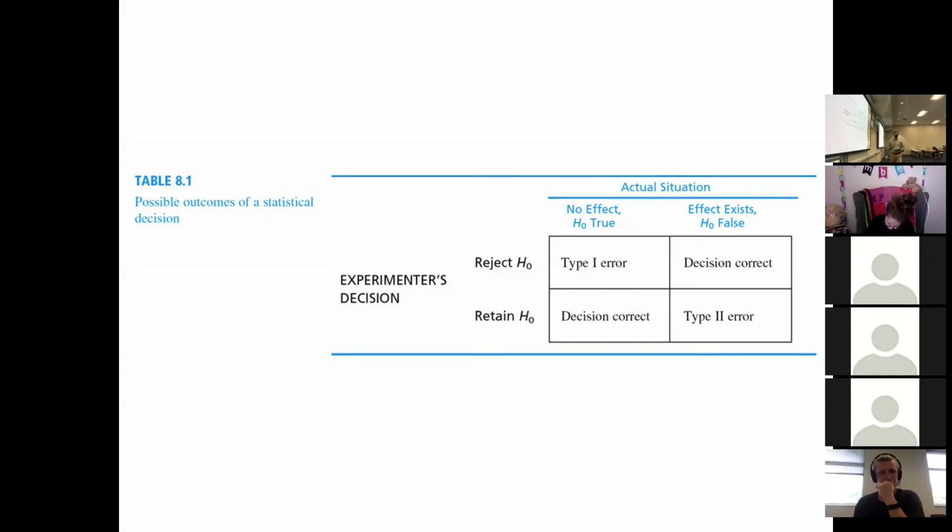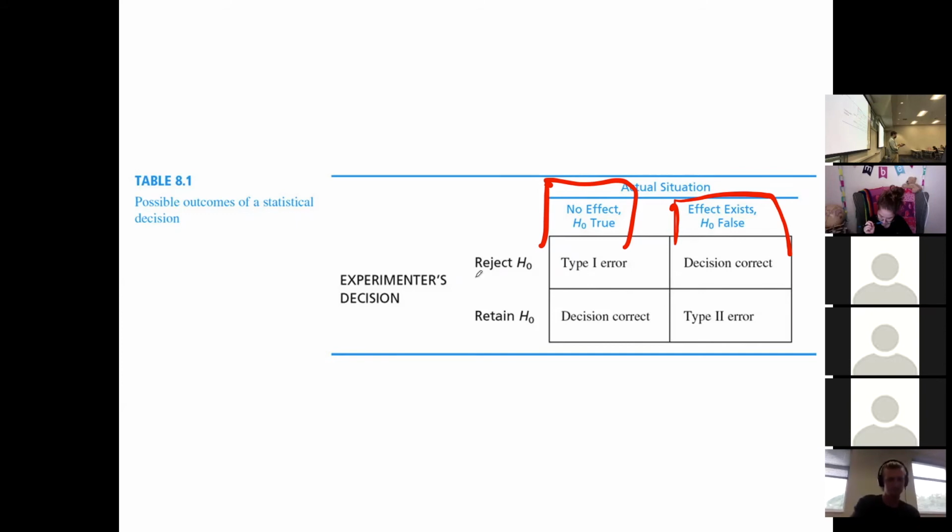And so we can break down this decision criterion into a 2x2 matrix, right? In one case, the actual real ground truth, whether we realize it or not, is that there's no effect, right? That the vaccine doesn't actually help. The other one would be that the ground truth is that the vaccine really does help, whether or not we are able to realize that. And then on the left-hand side is the experimental decision, right?